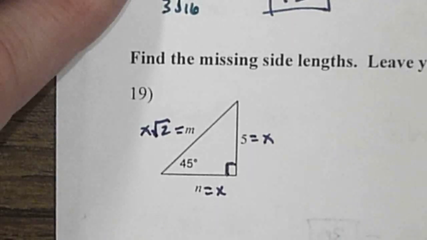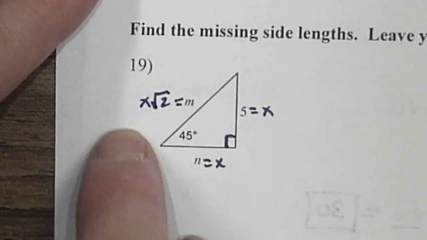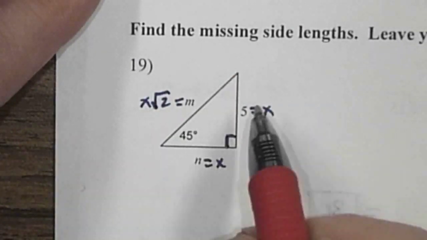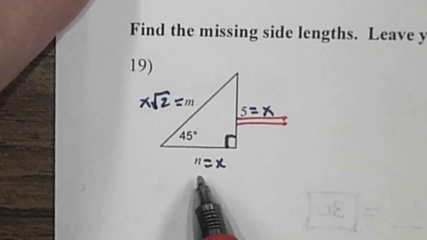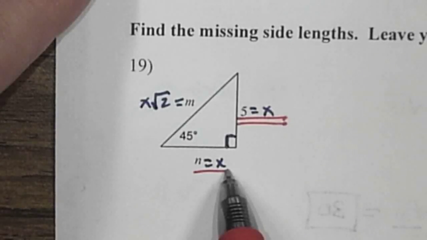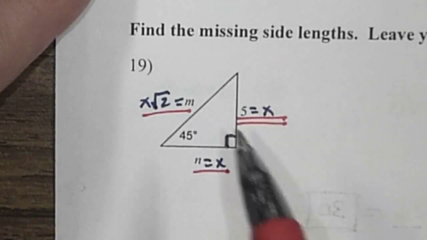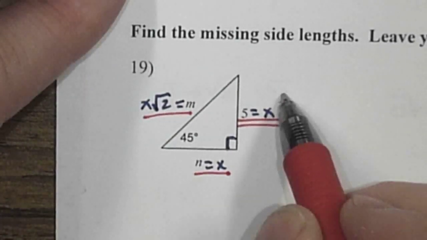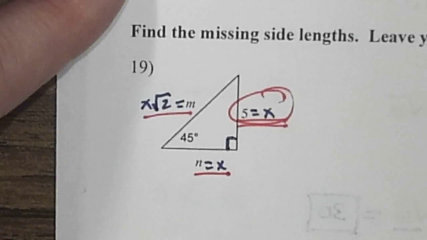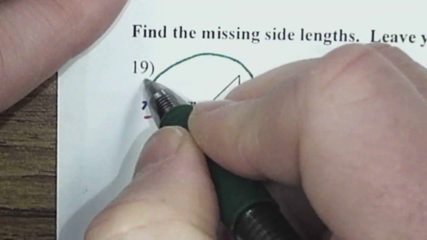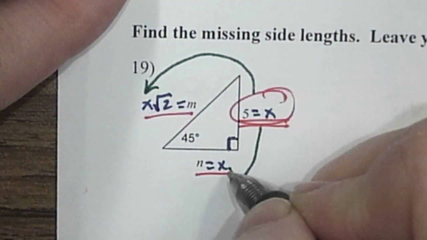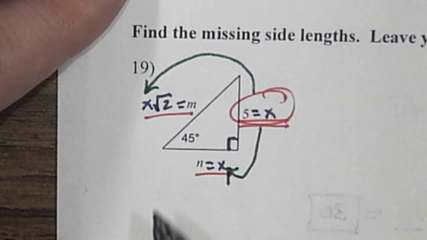Now when I look at these things, every single time I want to create 3 little equations. But when I look at them, this one is the only one that has a single variable. This has an n and an x, an m and an x. I want this one. Once I figure out what that new variable is, I plug it in both spots.